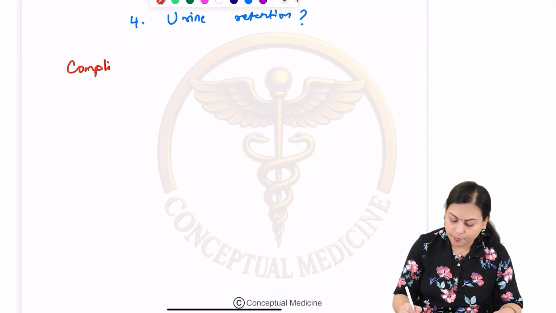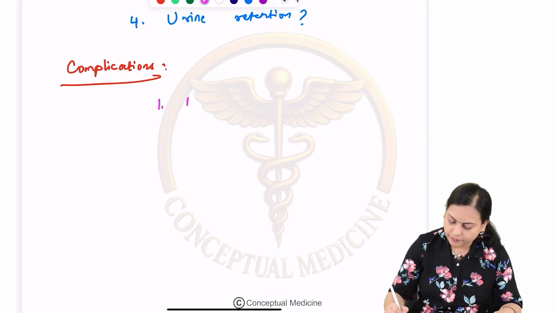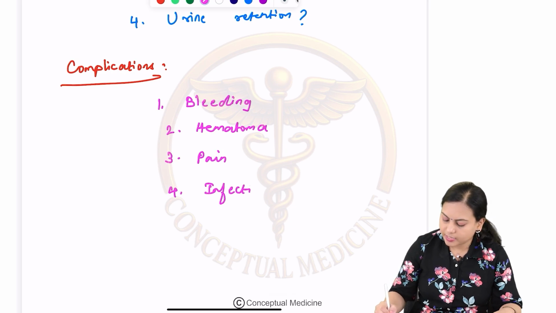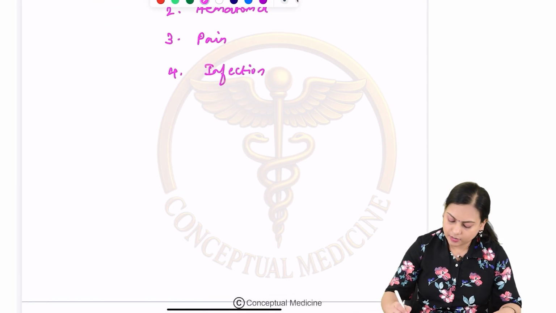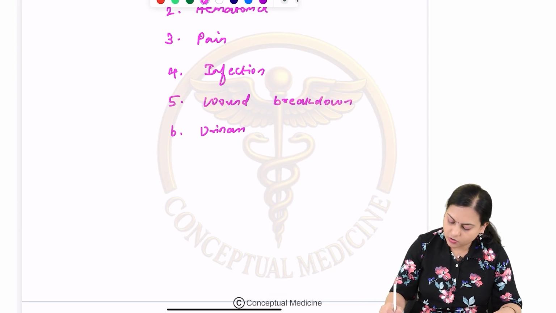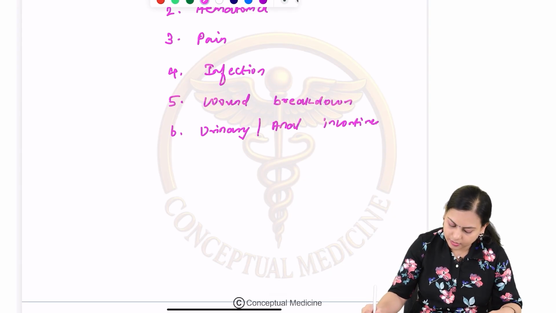Now, we'll see what complications can be expected in a case of perineal tear. There can be bleeding or hematoma, pain can be there, infection can be there. If there is infection, that is going to delay healing. Wound breakdown can be there. Urinary or anal incontinence can also happen.